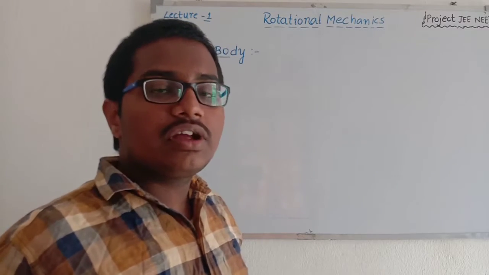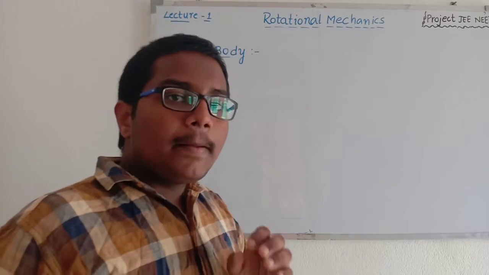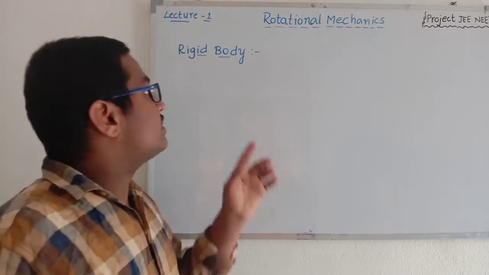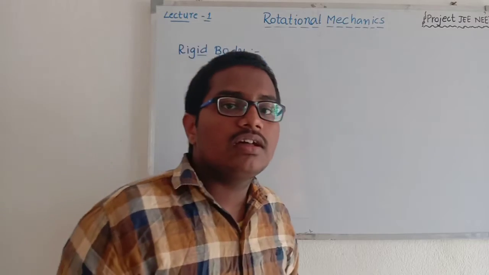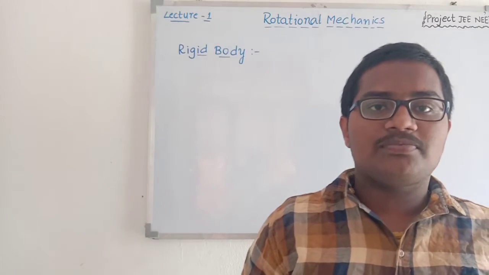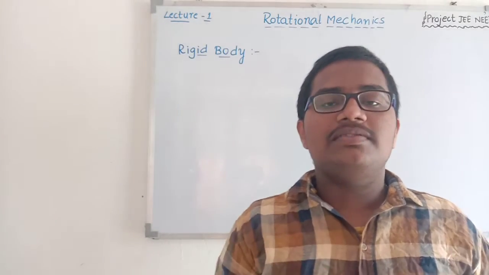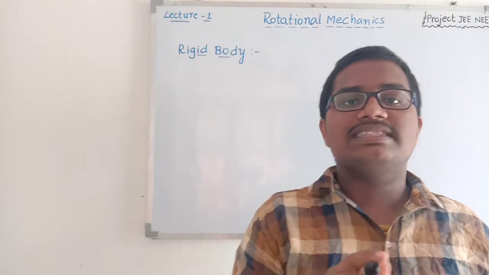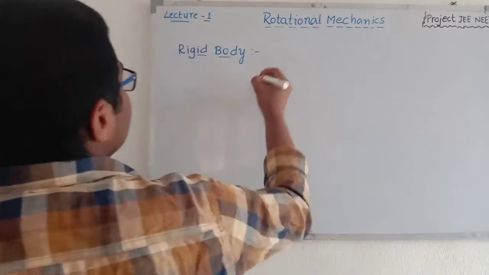First of all, in order to enter the chapter, we have to know the basic definition of a rigid body. A rigid body is a body where the distance between two particles is constant. Please note it.